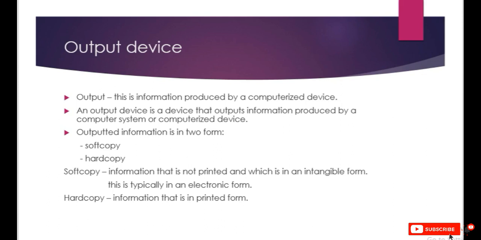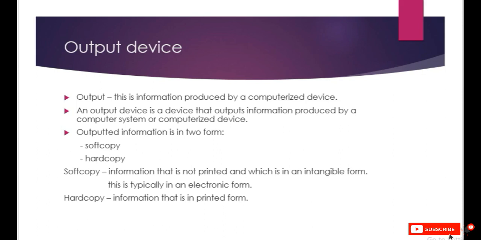Additionally, output comes in two forms. So output may be in a soft copy form or in a hard copy form. By soft copy, it means that it is in an electronic form. Which means too that it may be, for instance, produced on a screen, or you're seeing this information on the screen now. So that's an example of soft copy. You're also hearing the sound of my voice being produced by your speaker, and that too is an example of soft copy.